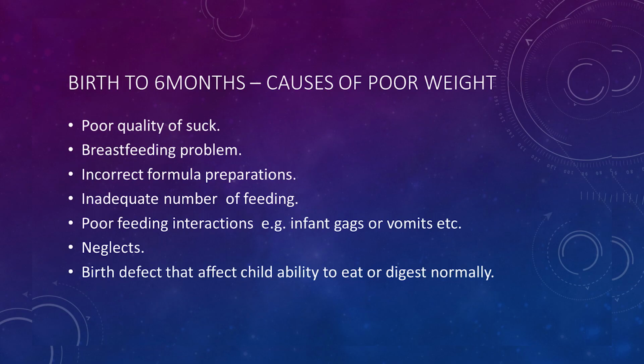Breastfeeding problem: the mother does not have knowledge of breastfeeding, she is not able to feed the baby properly, or the number of feedings is less, and that also may cause underweight of the baby. Then incorrect formula preparation: even external, artificial milk products are given to the baby and the formulas are incorrect, that again may cause underweight of the baby.